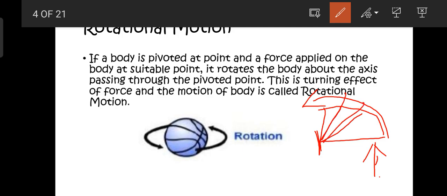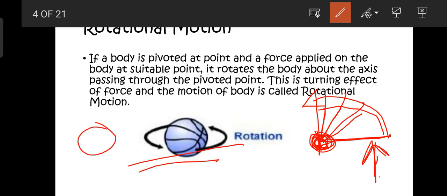It will come here, after then here, after then here, after then here. If we put a force here, okay, this is the pivoted point. It is fixed. One point is fixed and another point is free. Okay, in this case, it will rotate like this at its place.